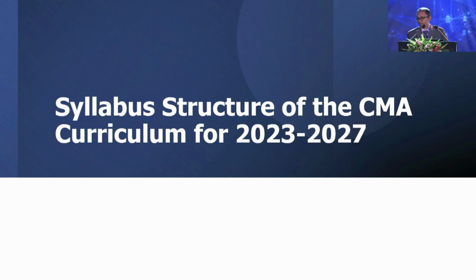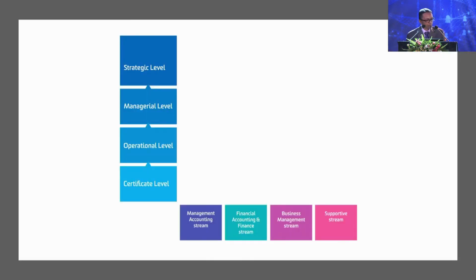So ladies and gentlemen, now let me have the pleasure of introducing you to the syllabus structure of the CMA curricula. As you can see here, we have 4 levels. Here we follow Anthony Robbins' hierarchy of organizational hierarchy, so this is a universal concept.